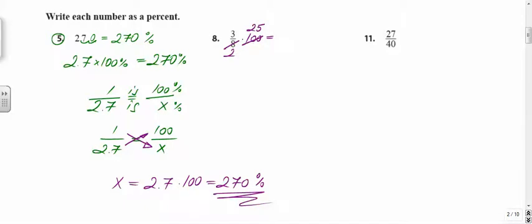And this will be what? 3 times 25, which is 75 over 2, and that gives you, you divide 75 by 2, 2 goes in 7 3 times, 3 times 2 is 6 out of 7, 1, 2 goes in 15 7 times, 7 times 2, 14 out of 15, 1, decimal point, 2 goes in 10, 5, 37.5%. Okay?